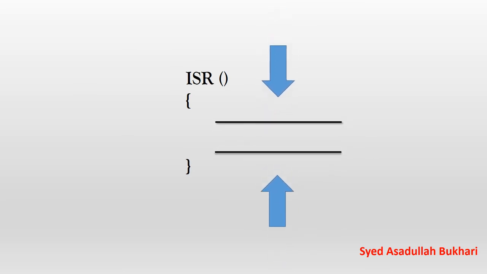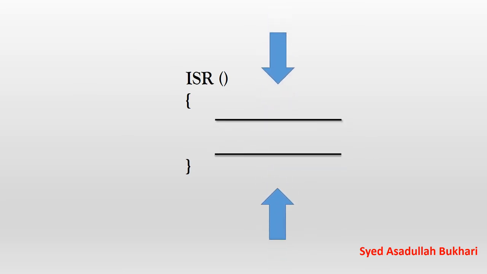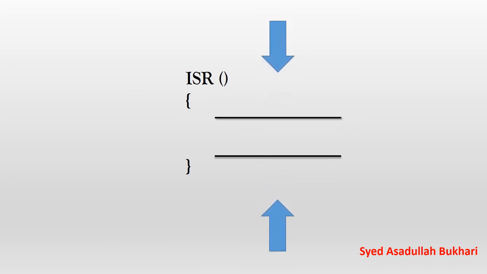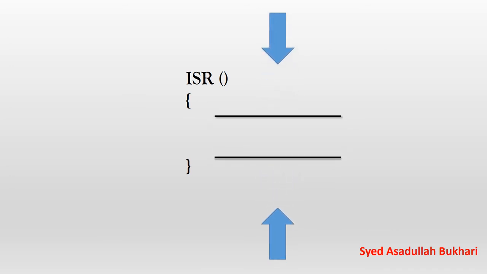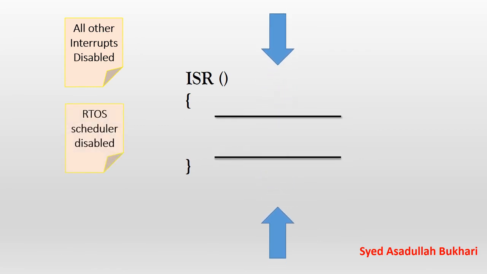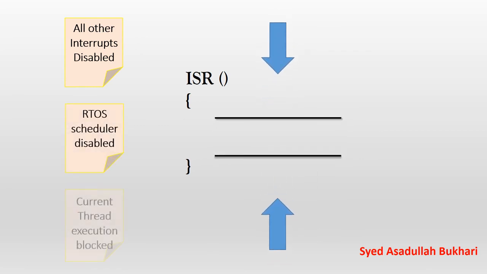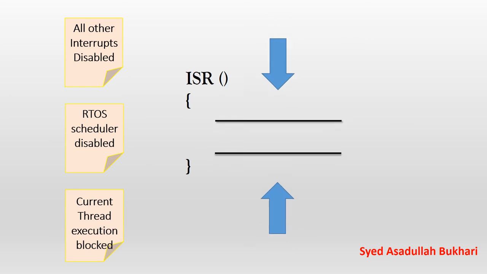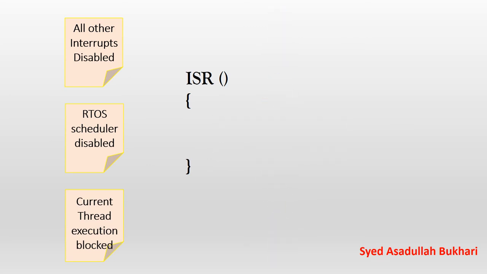An ISR has to be as small as possible in an RTOS, just to respond to the external hardware request, that's all. Because when a hardware interrupt is being serviced, all other interrupts are disabled, the RTOS scheduler is disabled, and all current processing is halted by the CPU to service the interrupt.